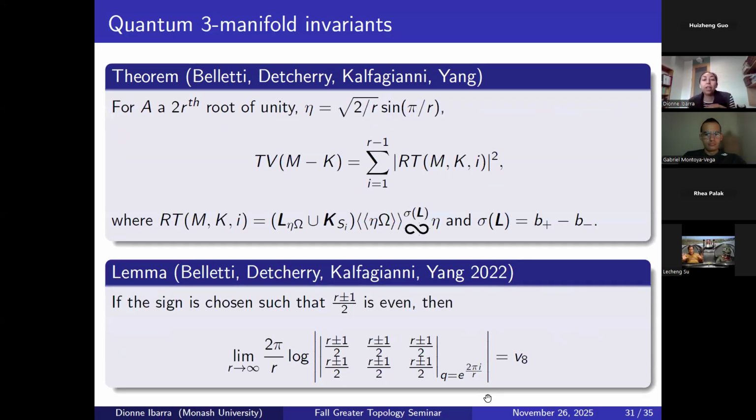Okay, another example, another theorem by Belletti, Detcherry, and Kalfagianni is that the Turaev-Viro invariant of the complement, where M is just some closed orientable three-manifold, is related to what they call the relative Reshetikhin-Turaev invariant.